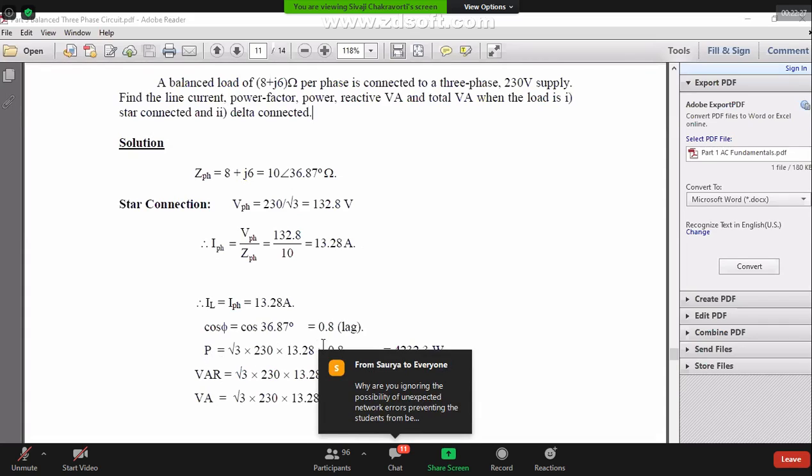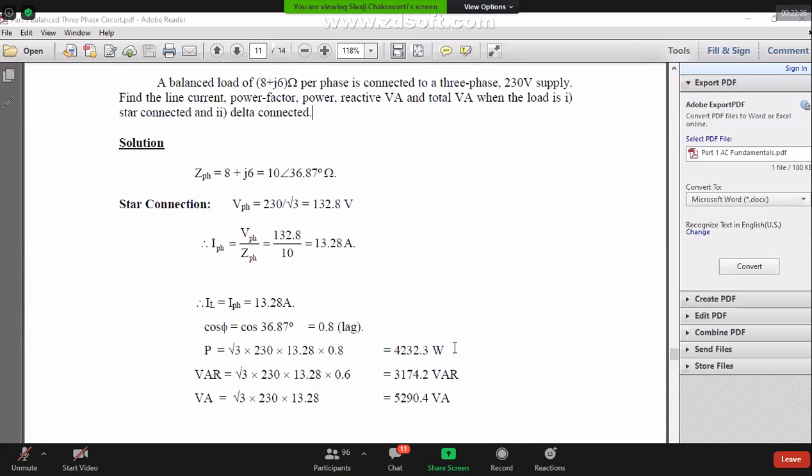So power factor is 0.8 lag. Please write either lag or lead always when you write power factor. Then what is the P? P stands for active power, if you recall our discussion. Here I have written the expression √3 VL IL cos phi. I can write 3 times V phase I phase cos phi, and the result will be the same.